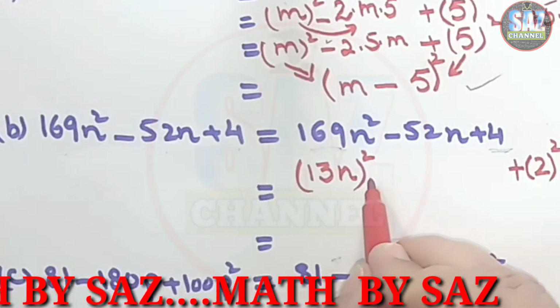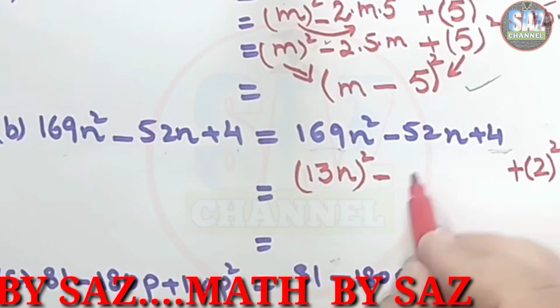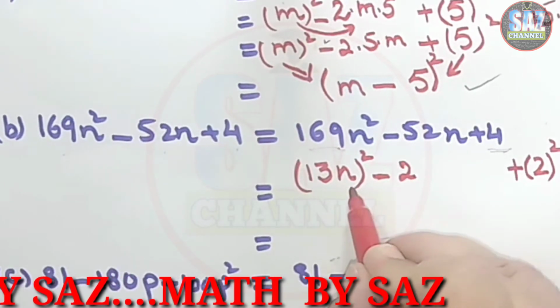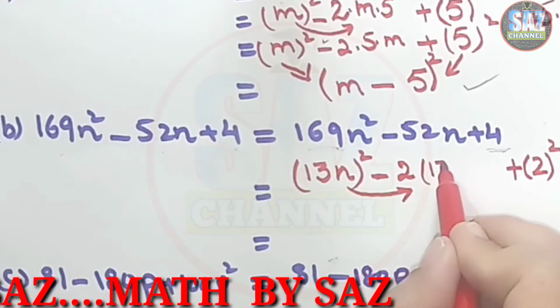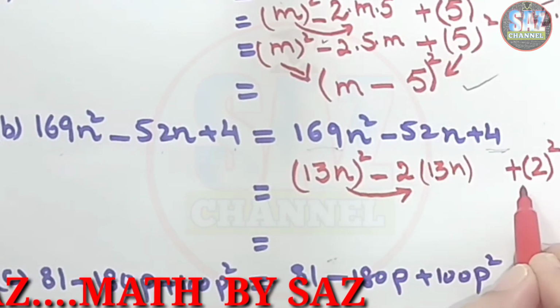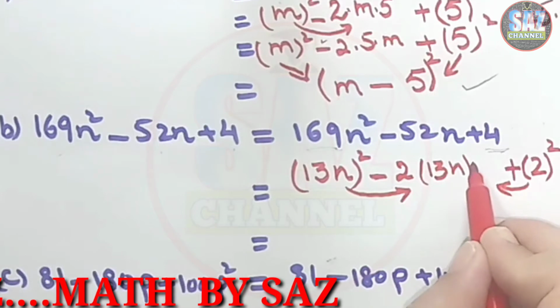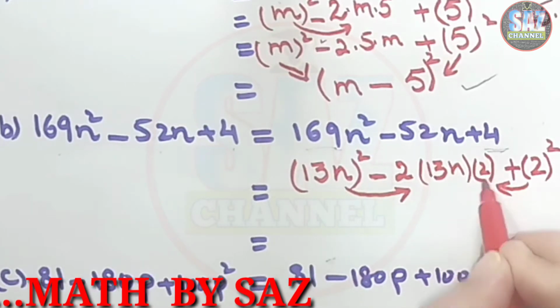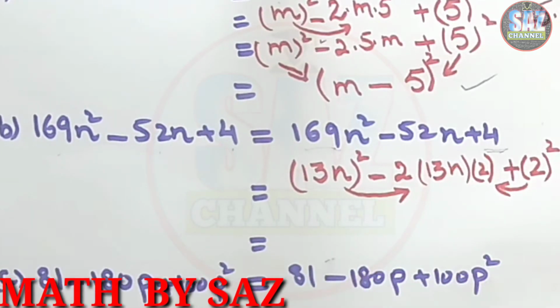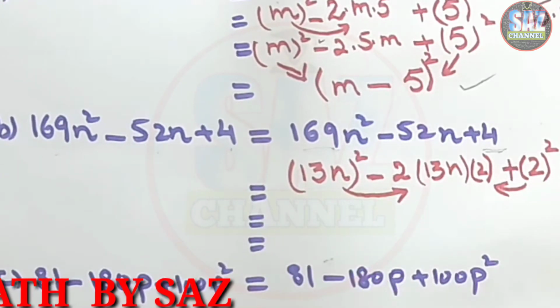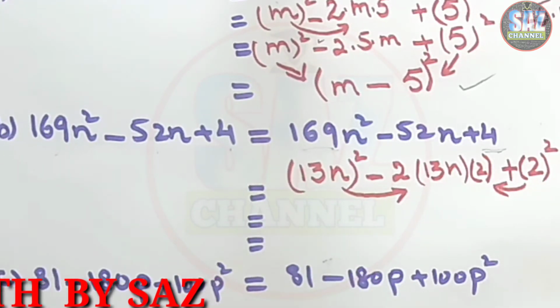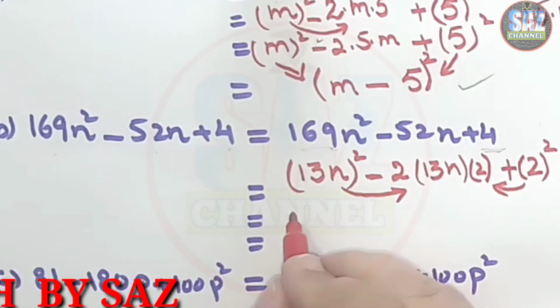Moving to the middle part, minus 2 from the formula. a is 13n and b is 2, by comparing it with the identity. Now we can do one more step here, that is to write down the constants in the beginning of the variable.